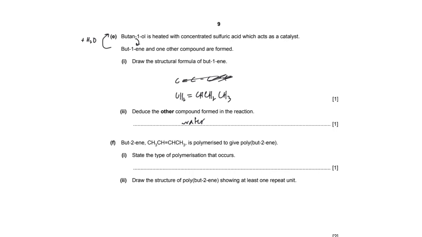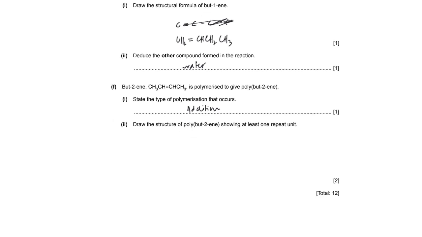Okay. Now but-2-ene is polymerized to give polybutene. State the polymerization that occurs here. Polymerization is addition polymerization. And draw the structure of poly but-2-ene showing at least one repeat unit. So you have a double bond here, right? This bond will break. Put these two carbons in focus.